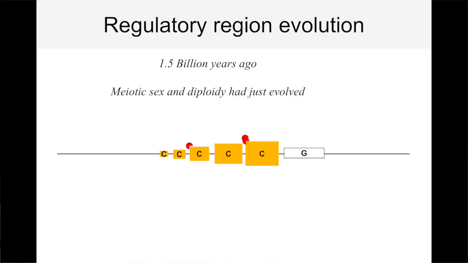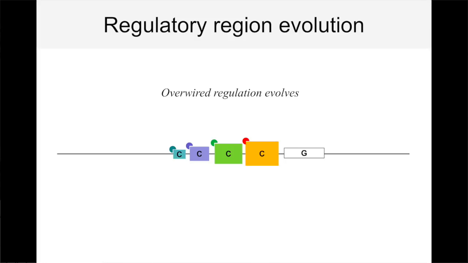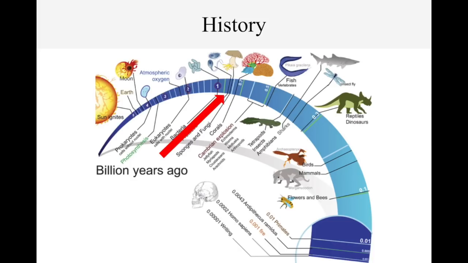There are not enough of them to go further. Then perhaps you mutate here to get some new, better strengths of the cis-regulatory region. And that's the point where you got the evolution of this overwired regulation in eukaryotes. So we are at, like, 1 billion years ago.